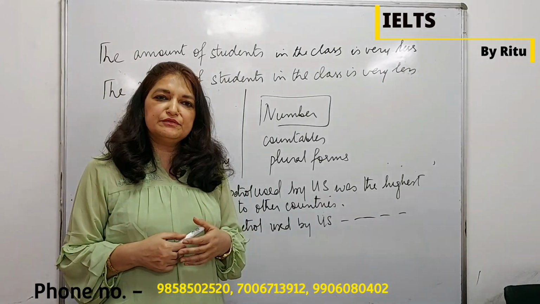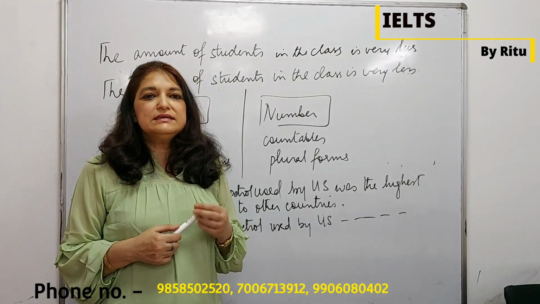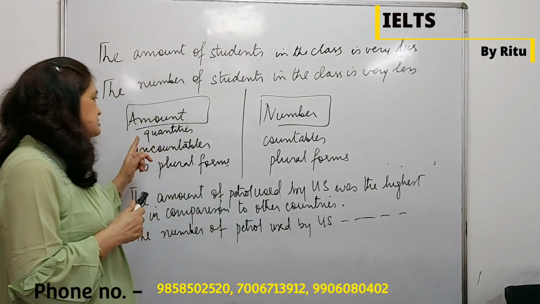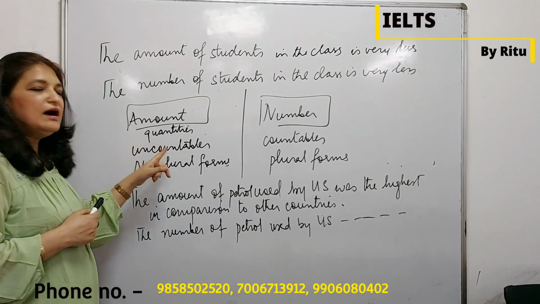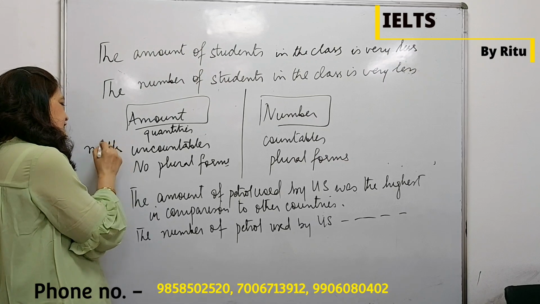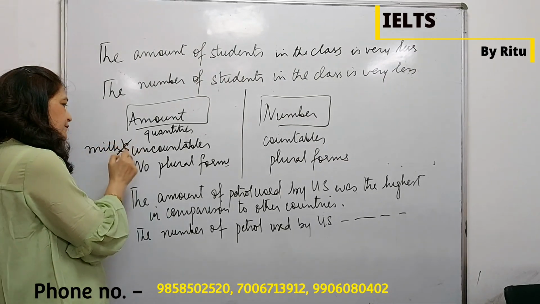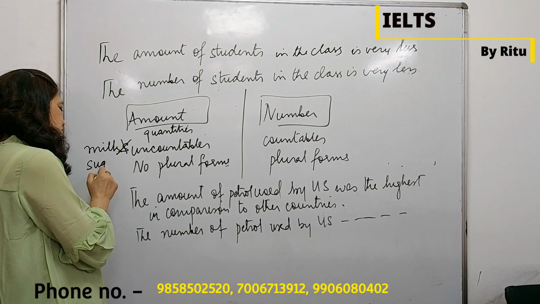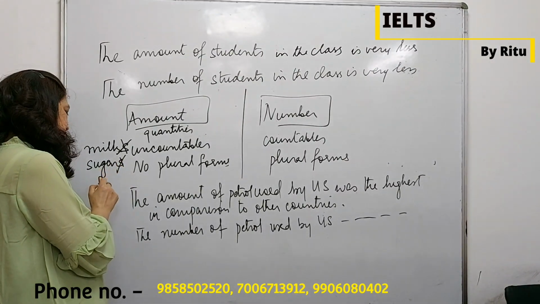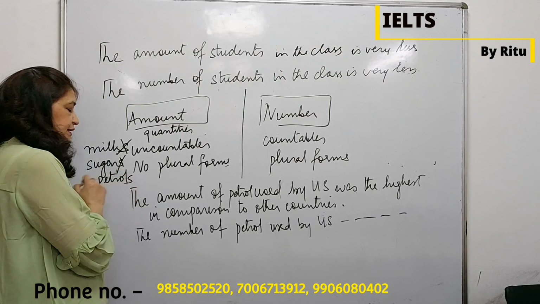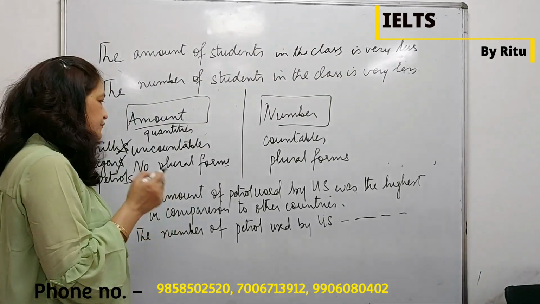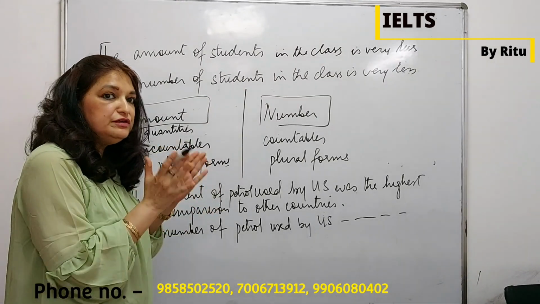If I say the word milk, I cannot say milks. This is wrong. If there is a word sugar, we never write sugars. Similarly, petrols is not there, and the list goes on. There are so many words which are uncountable, because we don't have their plural forms.